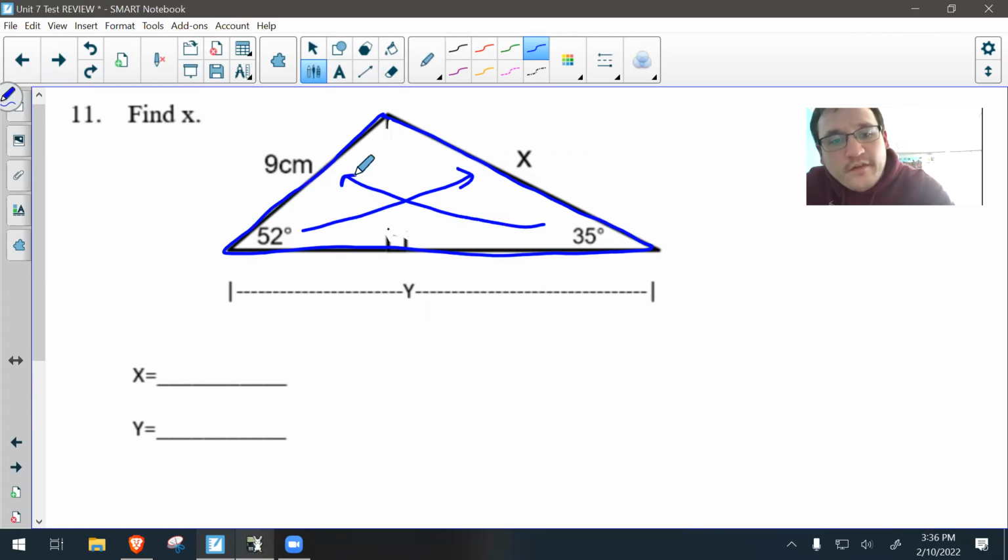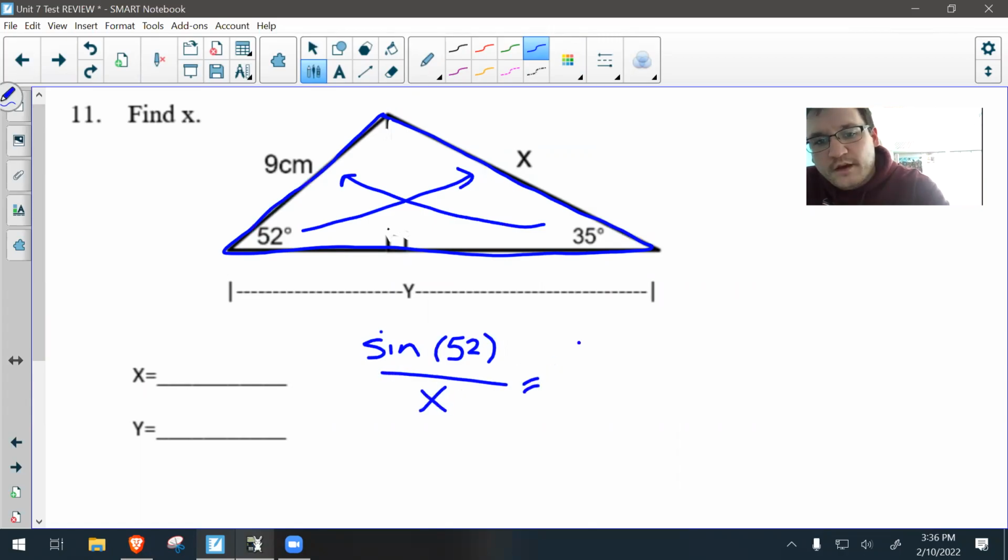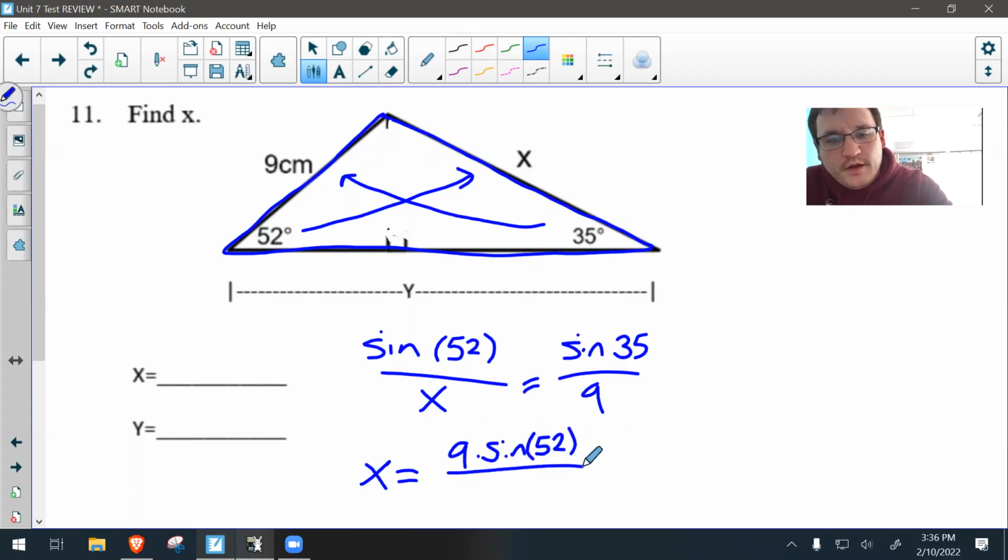All right, so we could say the sine of 52 degrees over X is going to be equal to the sine of 35 degrees over 9. Right? We know how to solve that. Just use the law of sines. Cross multiply and divide over. We're going to have X equals 9 times the sine of 52 divided by the sine of 35.